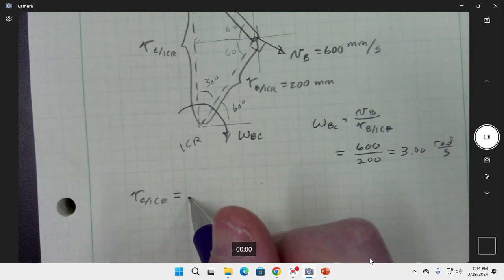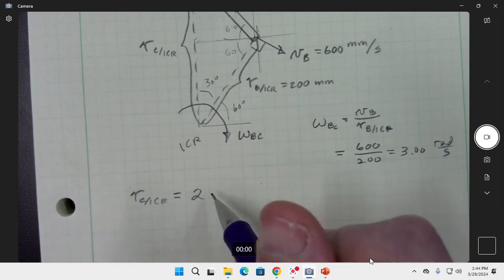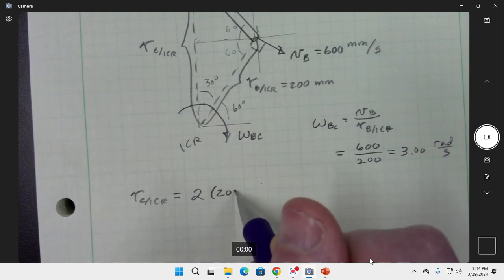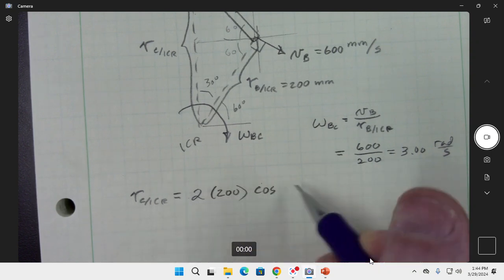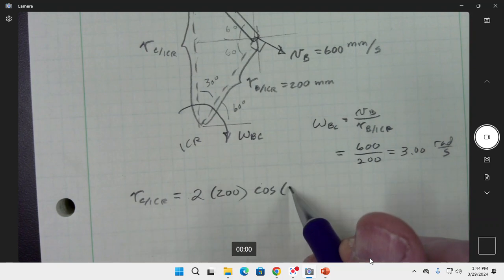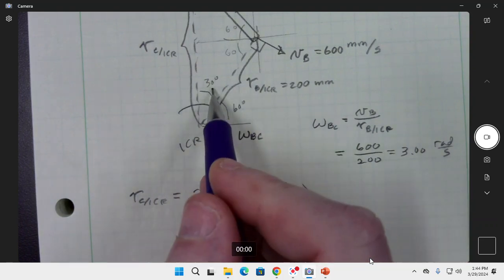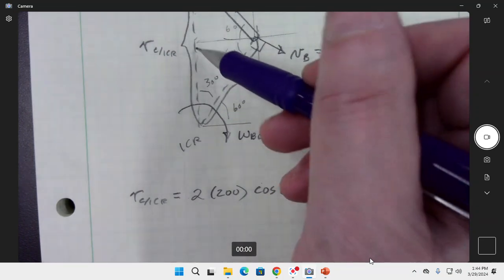But anyway, we're going to take 2 times that length, which is 200, times the cosine of 30 degrees, because I'm looking at this angle right there. So that'll get me this length.